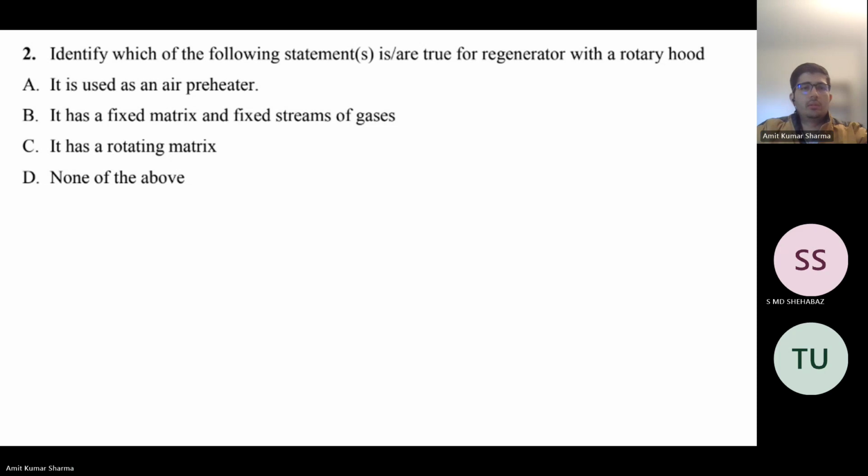D, none of the above. Try to recall class notes.